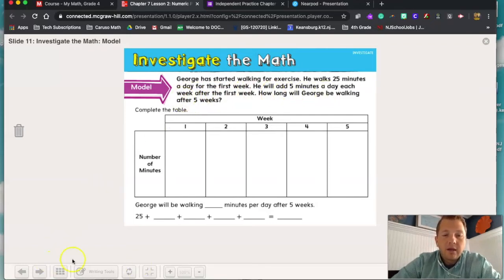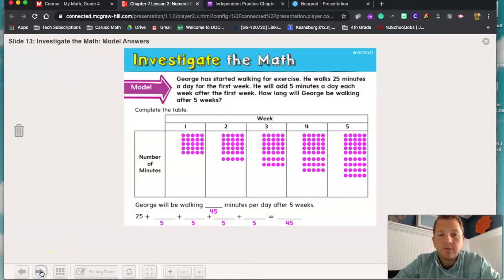Well, I'm just going to put up the answers here for us because it's just easier to visualize. The first week we have 5, 10, 15, 20, 25 minutes. The next week we add another: 5, 10, 15, 20, 25, 30. Then 5, 10, 15, 20, 25, 30, 35.